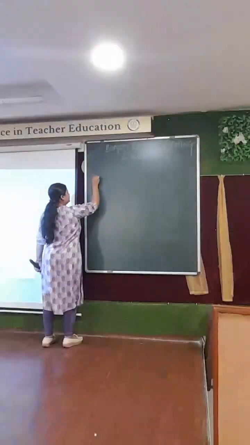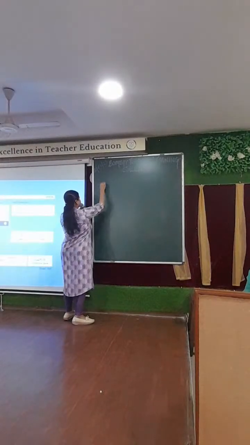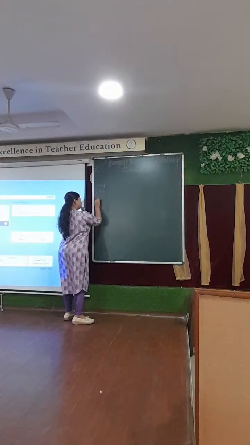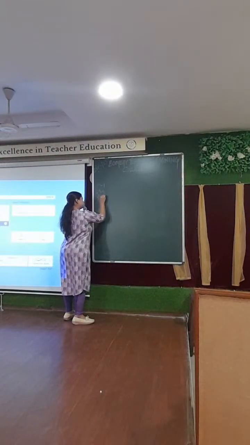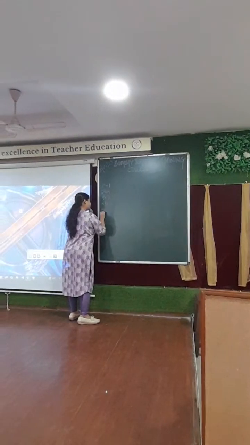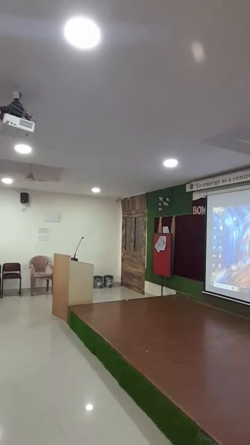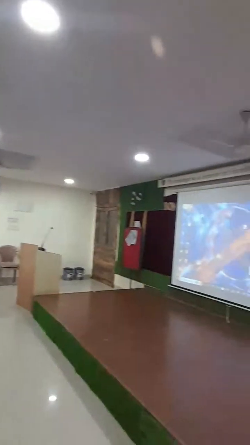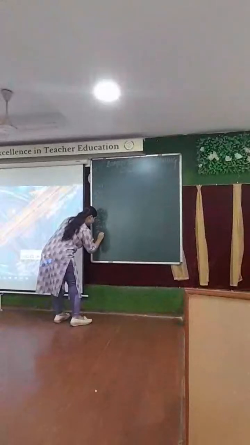So 1 square is equal to 1. 2 square, 4, 3 square, 9, 4 square, 5 square, 6 square, 7 square, 8 square, 9 square.